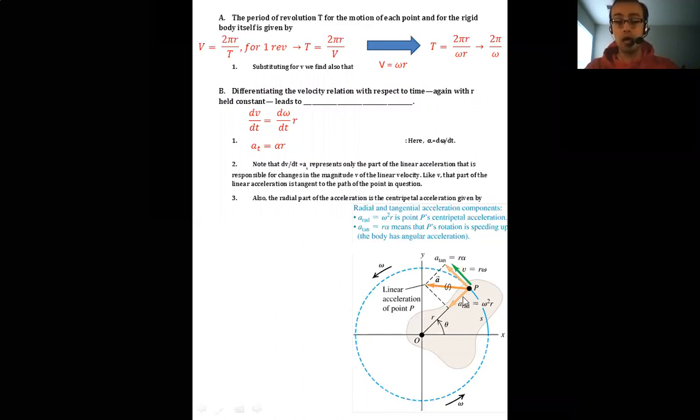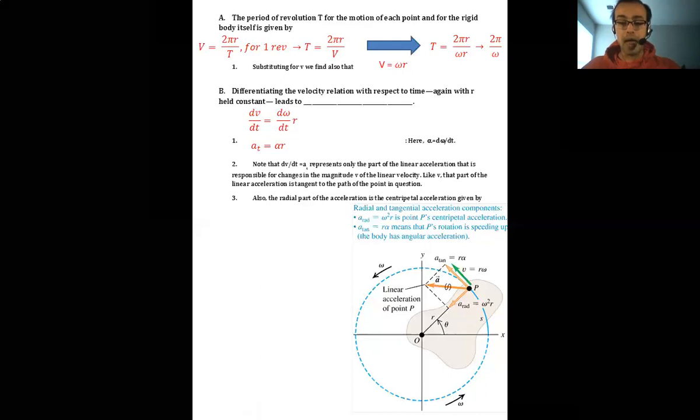When you're dealing with uniform circular motion, in other words, motion at a constant velocity, then indeed the linear acceleration and the radial acceleration will be pointing in the same direction. But if you're not dealing with constant velocity on the outside here, the linear acceleration is going to be, again, the sum of the tangential and radial accelerations.